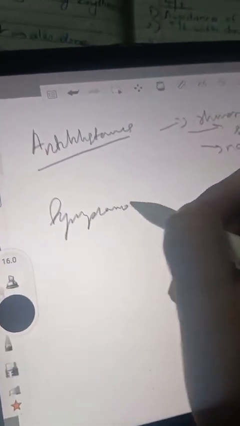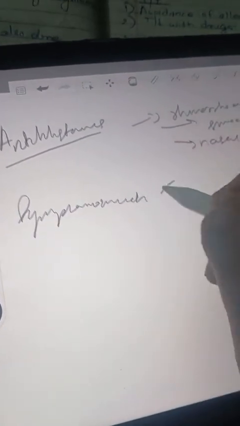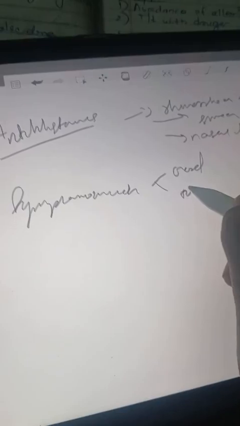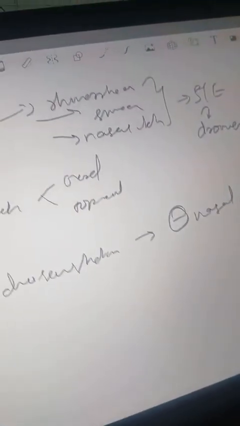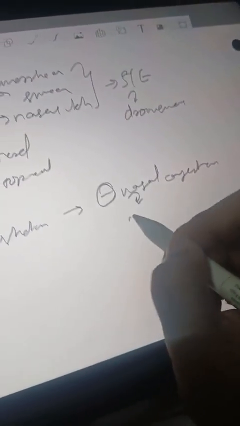Second one was a sympathomimetic drug. Sympathomimetic drugs can be both oral as well as topical in nature. Alpha adrenergic drugs will basically constrict the blood vessels, and once the blood vessels are constricted, it will reduce the nasal congestion, as you can see over here. And once nasal congestion is reduced, the edema will also get reduced.